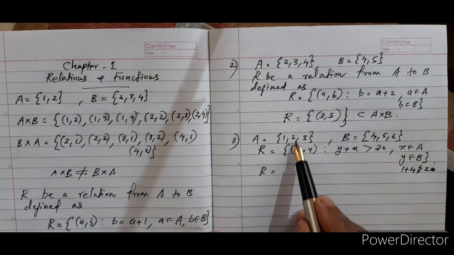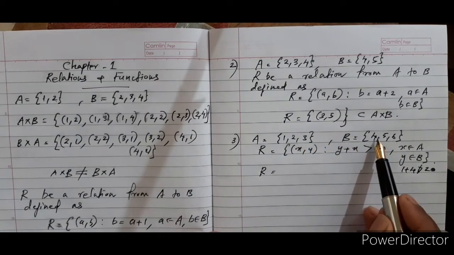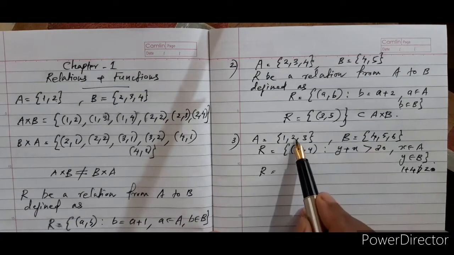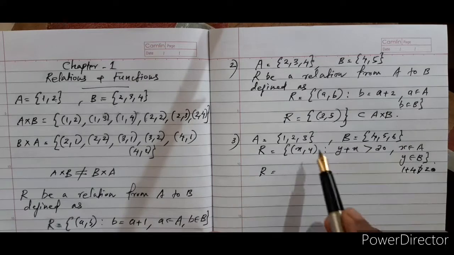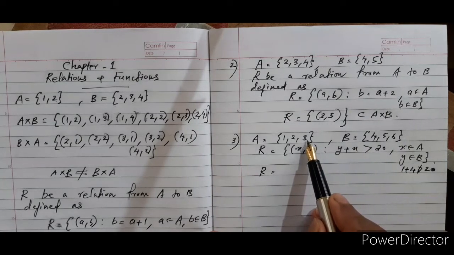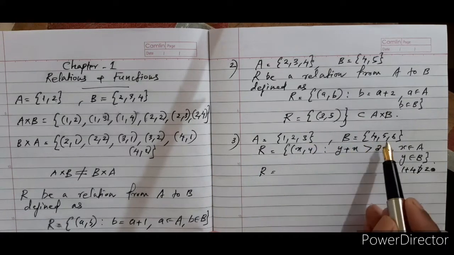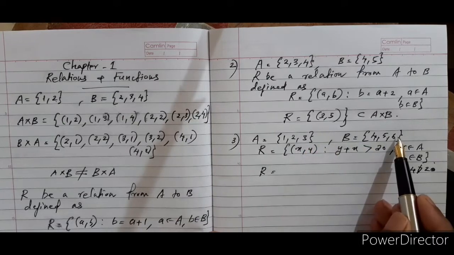So take second element. 2 plus 4, that is 6 only. 2 plus 5, 7. 2 plus 6, 8. Now take third element. 3 plus 4, 7. 3 plus 5, 8. 3 plus 6, 9.